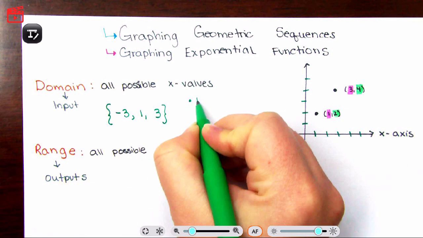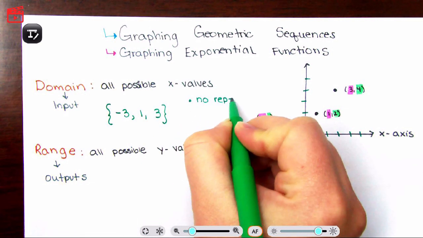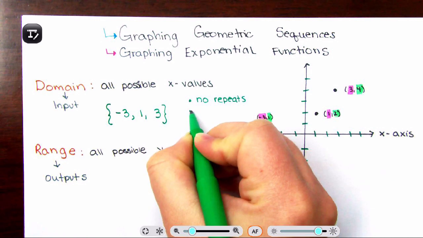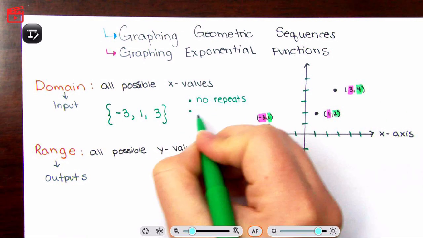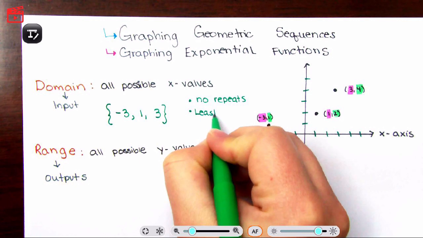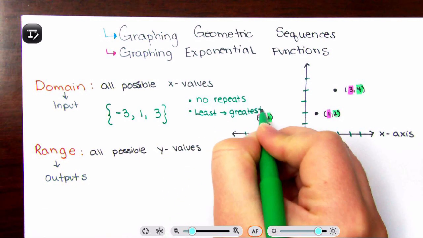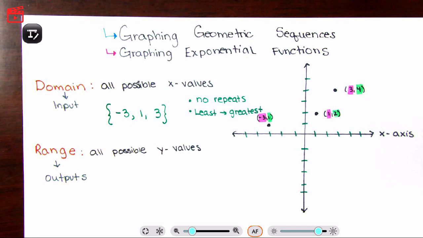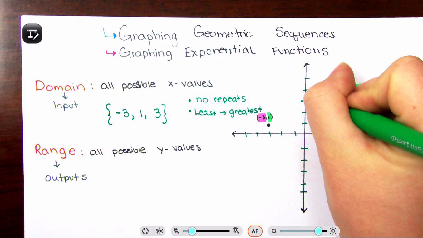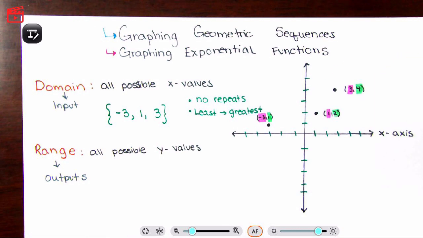Remember, there are no repeats. They have to be in order from least to greatest. There are no repeats, even though you can get multiple numbers. So let's say we have another point here. It would become not a function, but you are not writing repeats.